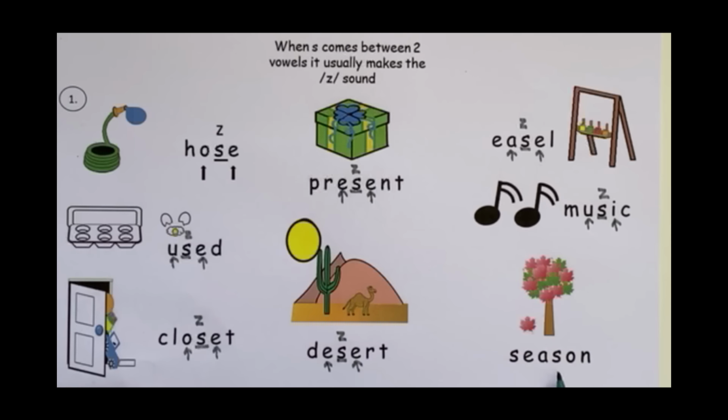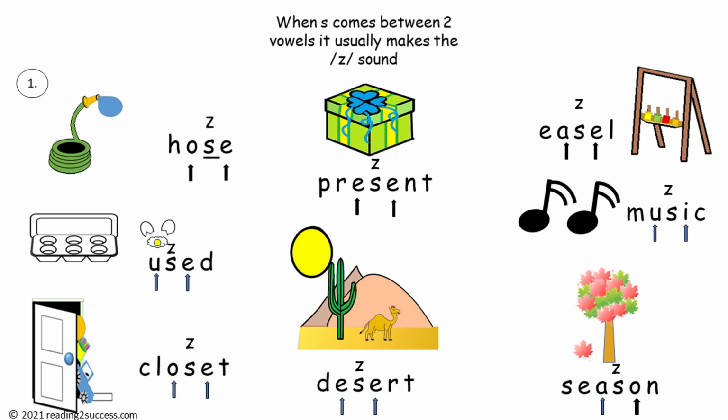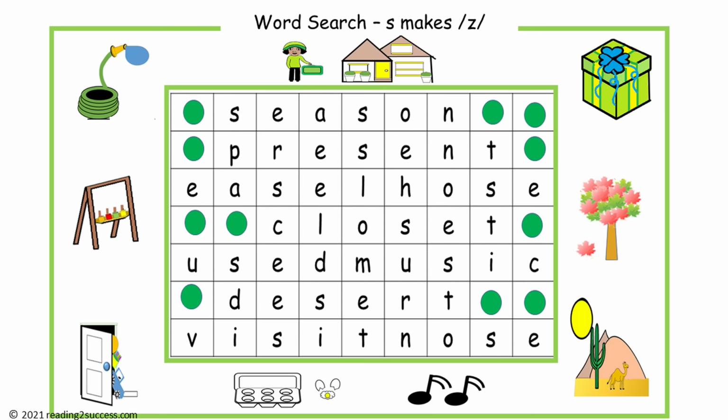We are going to look for the S letter that is between two vowels, A and O. So it makes the Z sound in season. This is a completed example. Now with kids, complete the word search.